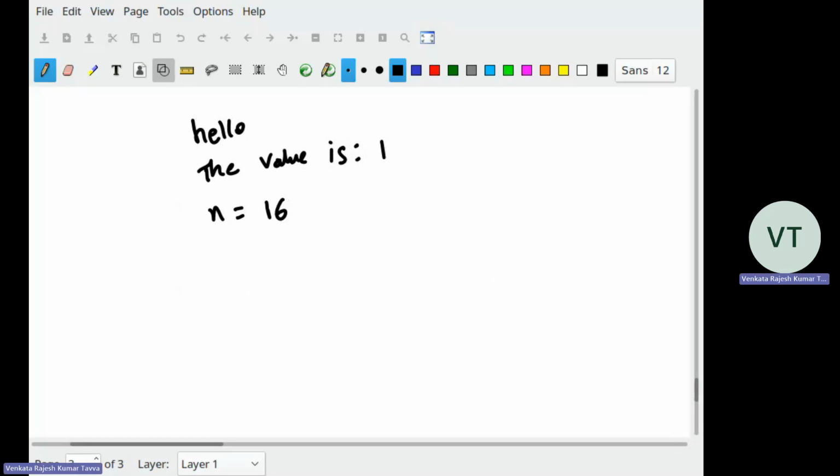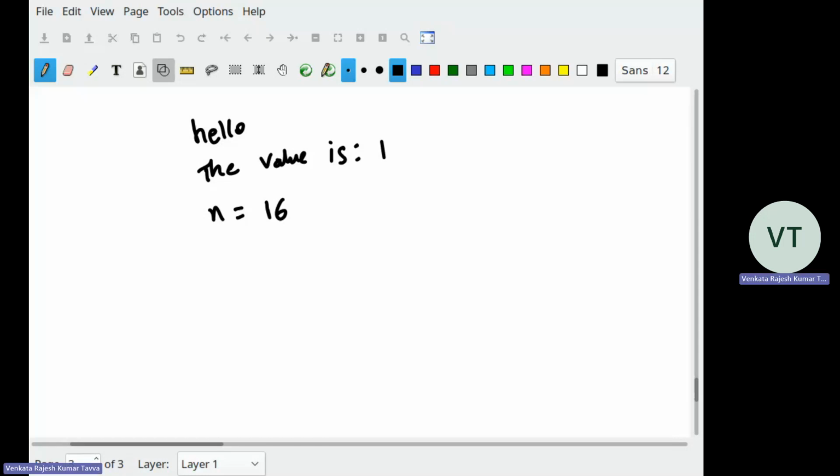Fine. Now in place of this one, what I will do, I will say this entire expression, I will add, say whatever, say 125. Okay. So now the value of this expression is what? 126.